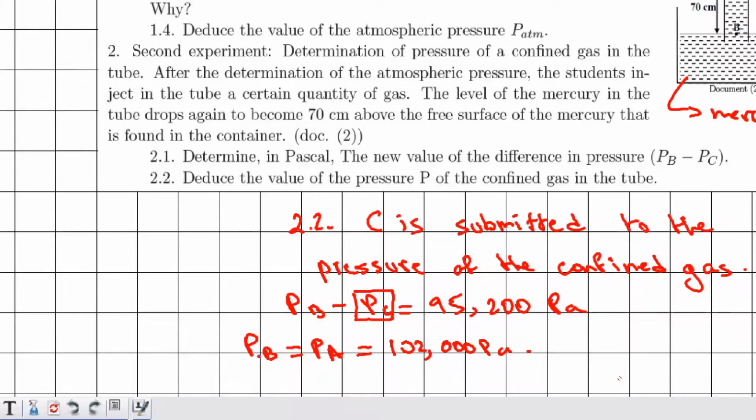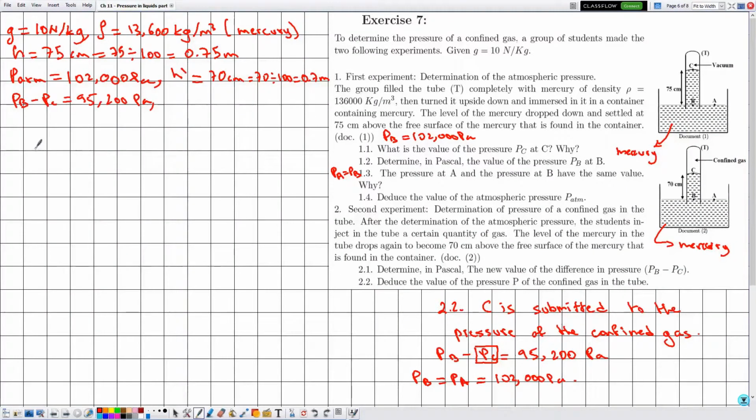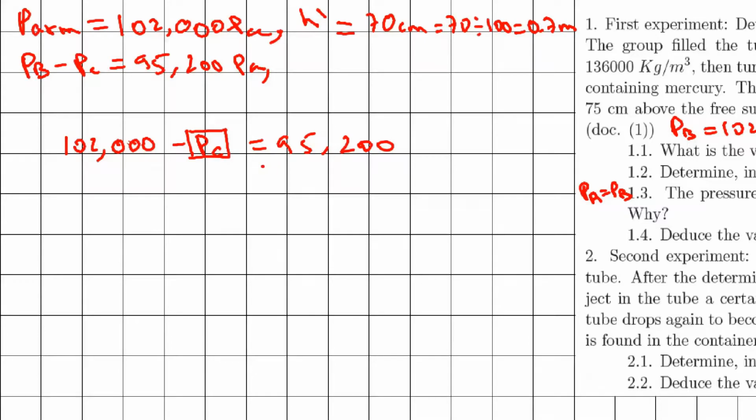So now replacing the value of PB in this linear equation, we have 102,000 minus PC is equal to 95,200, knowing that we are interested in determining the value of PC. The type of this equation is a linear equation with one unknown, PC. How do you solve this equation?